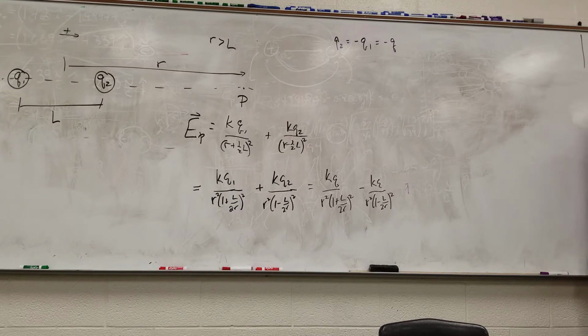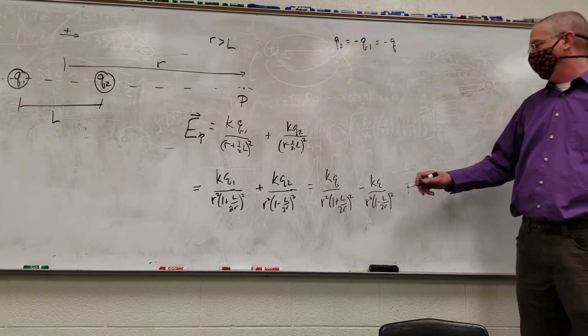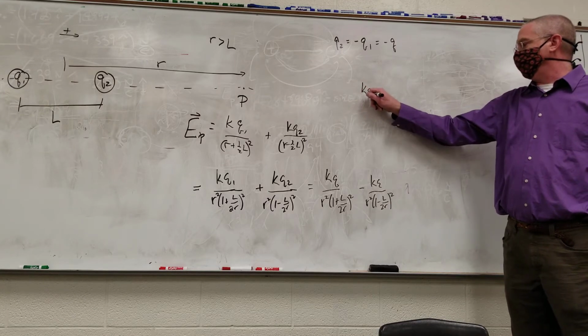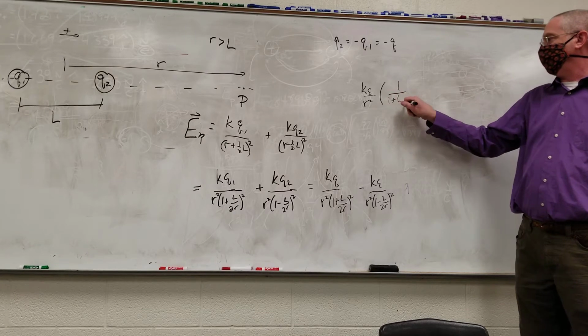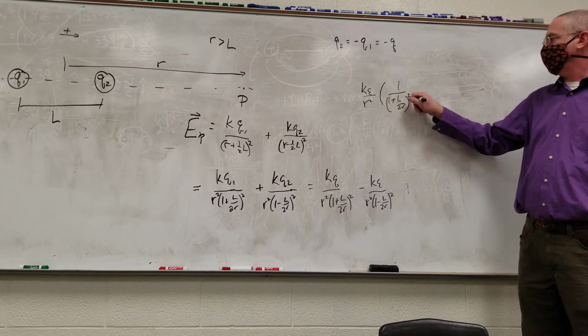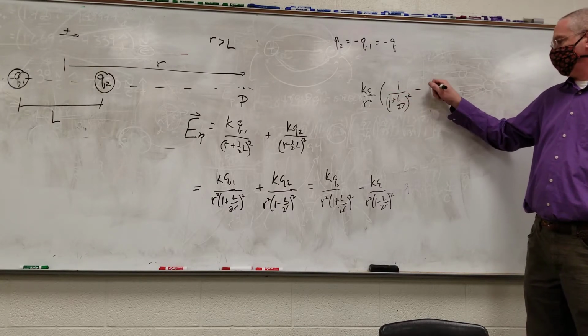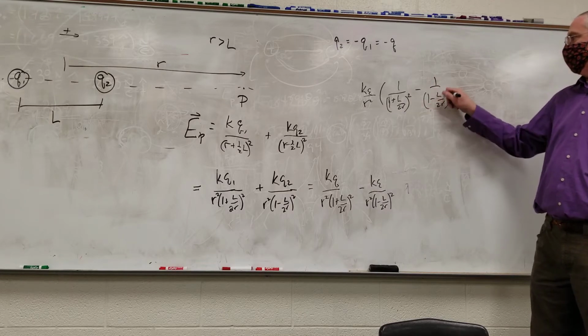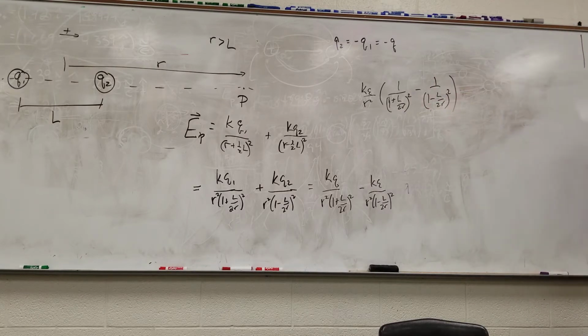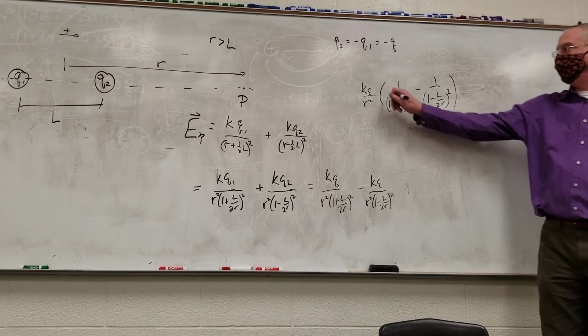I now have common factors more than just what I had before. And so I can factor kQ over R squared out, and I'm left with 1 over 1 plus L over 2R squared minus 1 over 1 minus L over 2R squared. Not a Q or epsilon. That's a Q.